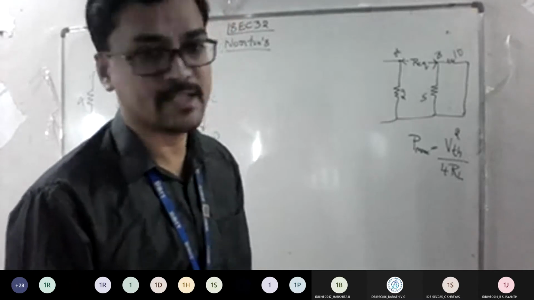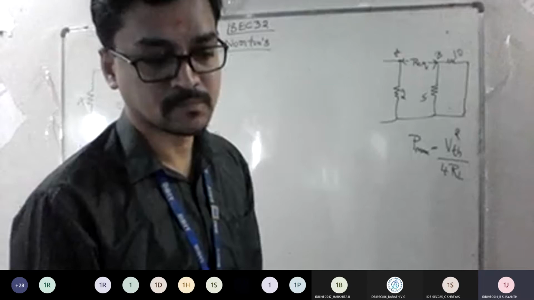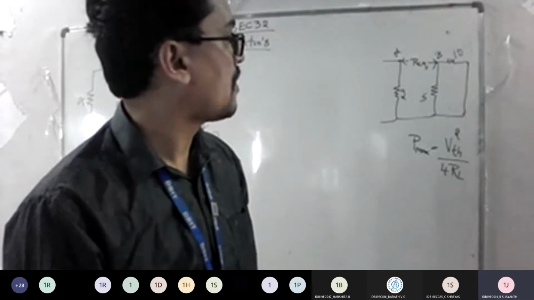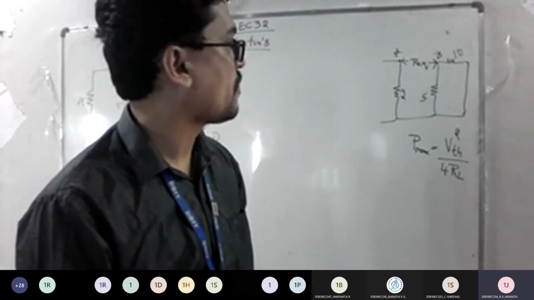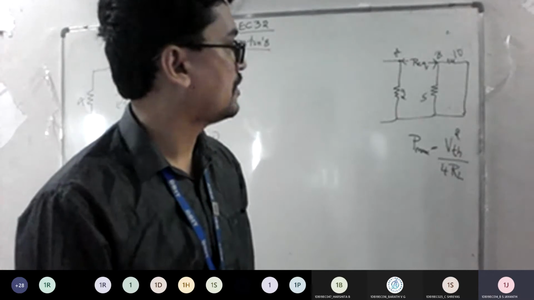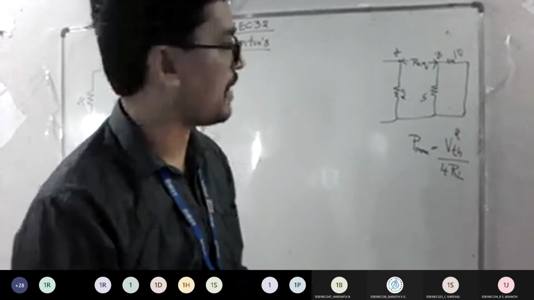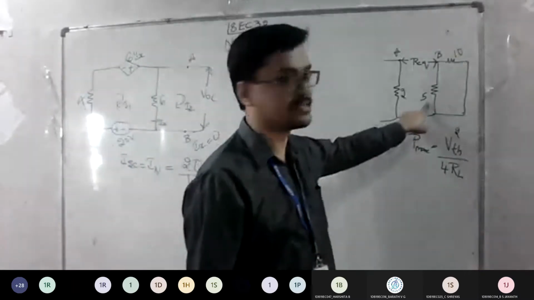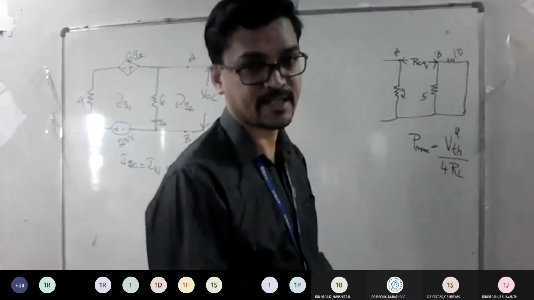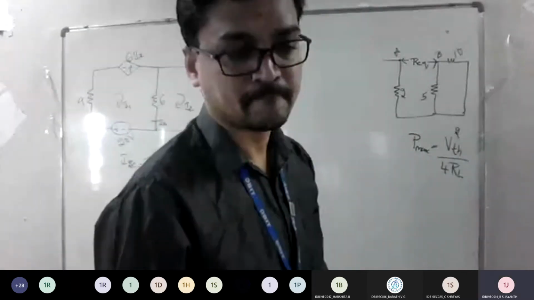Now tell me what is parallel and what is series. 5 and 10 are in parallel, sir, and with the 2 ohm resistor which is in series, sir. So 5 and 10 will be parallel, correct? From that parallel connection, I'm going to get one resistor here. That is in series.